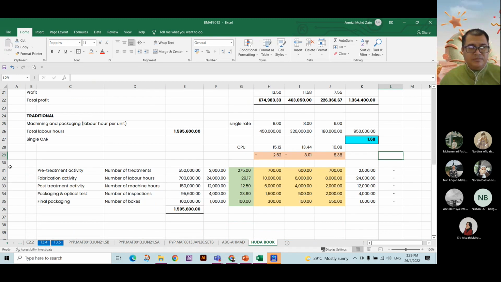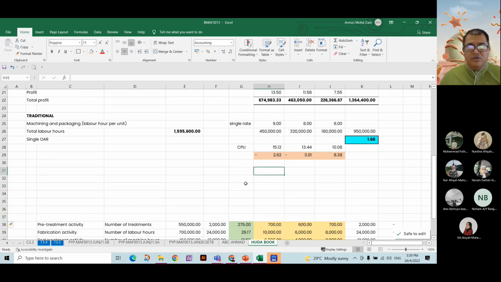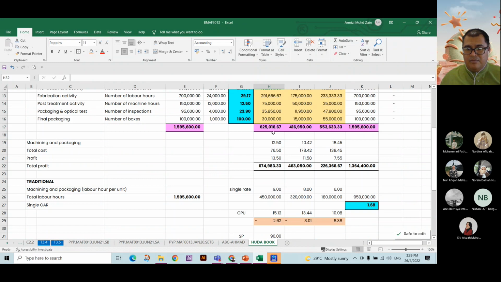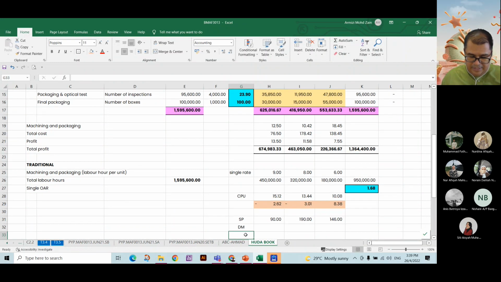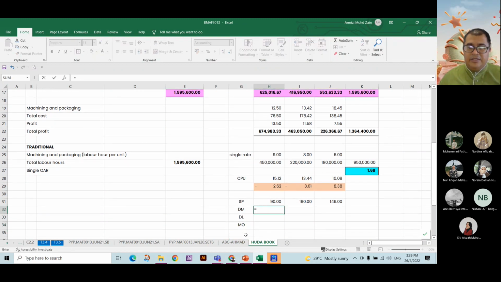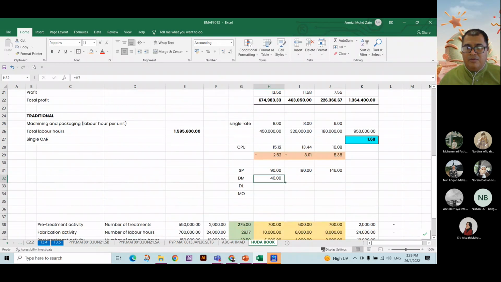Okay. Kita tarik ke bawah lagi. Okay. So untuk tradisional dia punya, cuba ya, dia punya selling price dia ke atas. Dia punya direct material and direct labor dengan manufacturing overhead. Okay, direct material dia satu, tarik bawah. Okay.